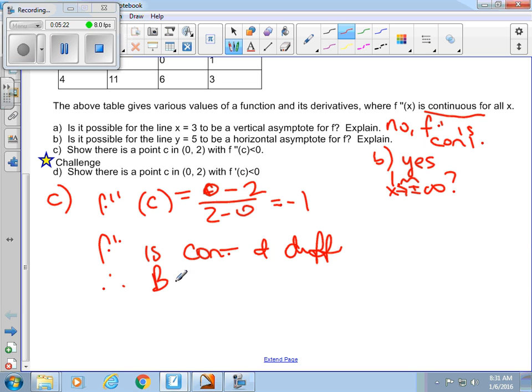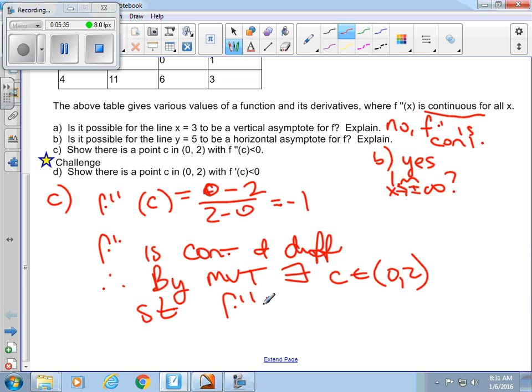Therefore, by MVT, there exists a C in 0 to 2 such that F double prime of C equals -1, which is less than 0. There are other ways to word it. Important stuff. Continuous and differentiable.